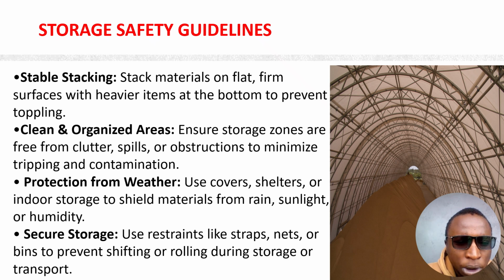Then there is protection from weather, which uses covers, shelters, or indoor storage to shield materials from rain, sunlight, or humidity, protecting the materials from environmental harm by covering or sheltering them. The other one is secure storage, which uses restraints like straps, nets, or beams to prevent shifting or rolling during storage or transport.